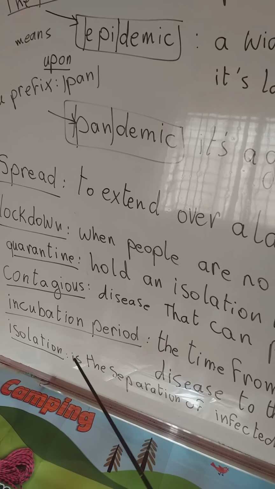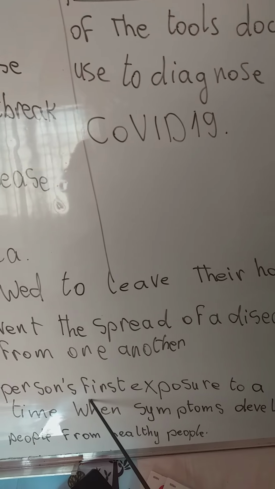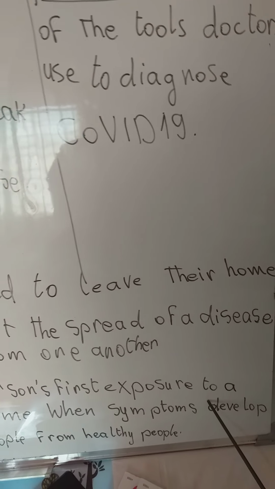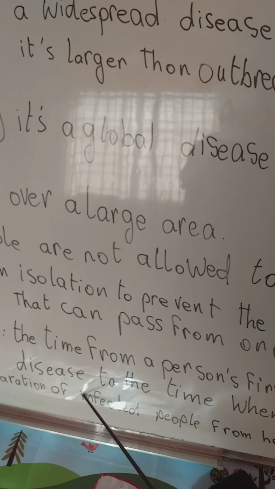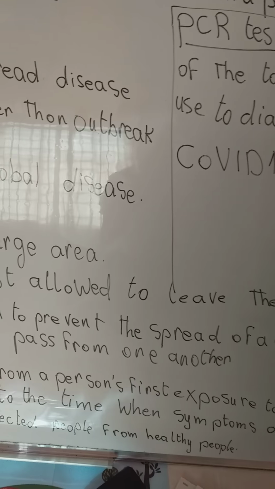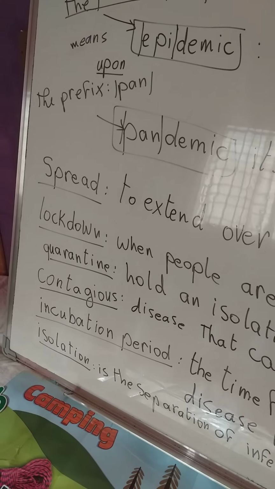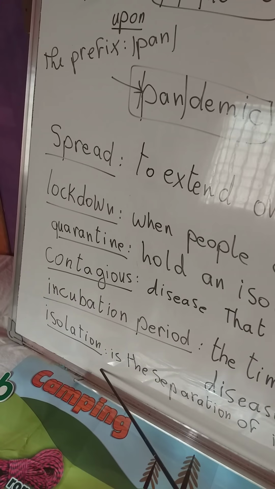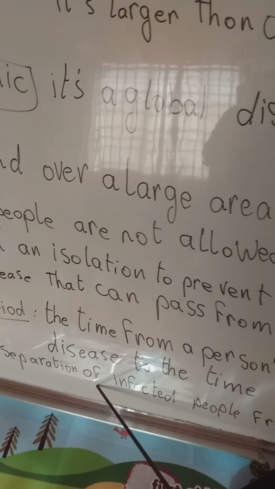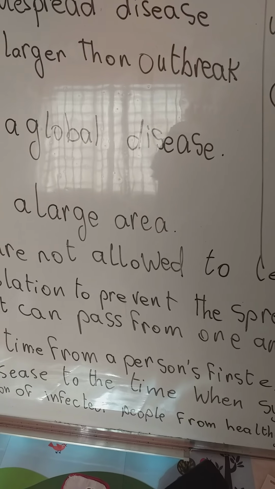Incubation period. It's the time from a person's first exposure to a disease to the time when symptoms develop. This period of time is called the incubation period. Isolation is the separation of infected people from healthy people.